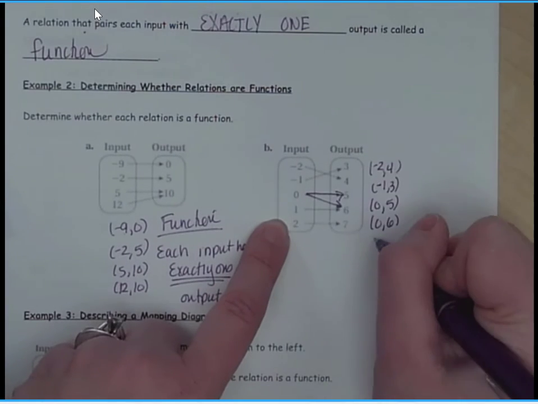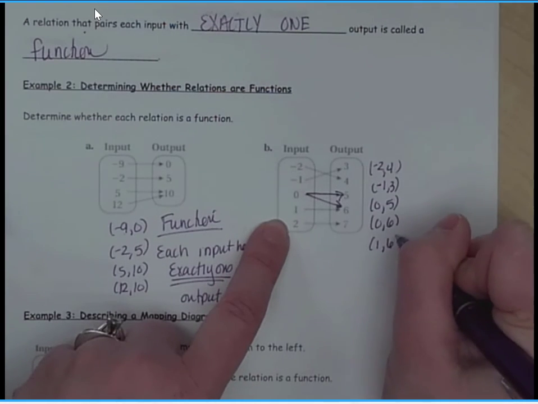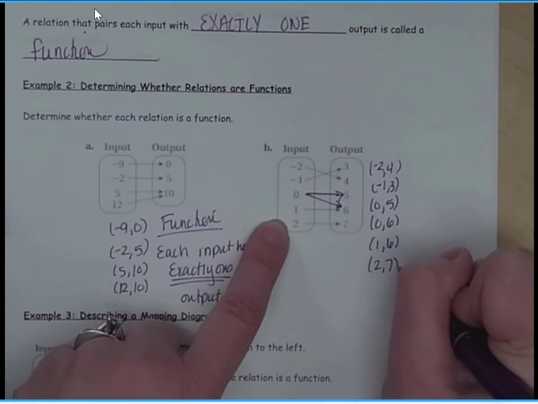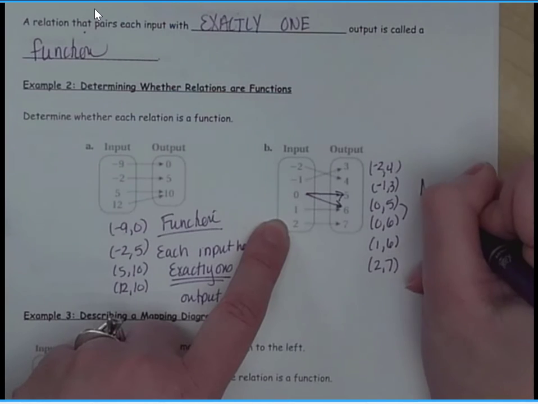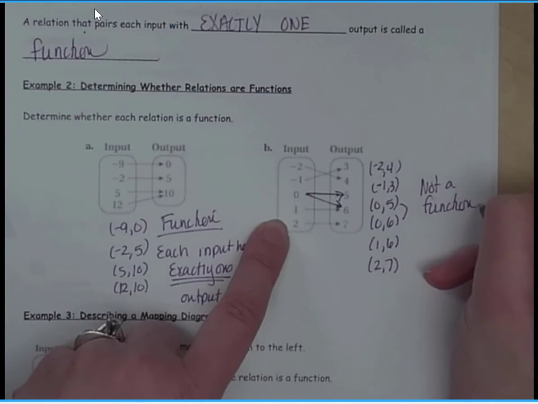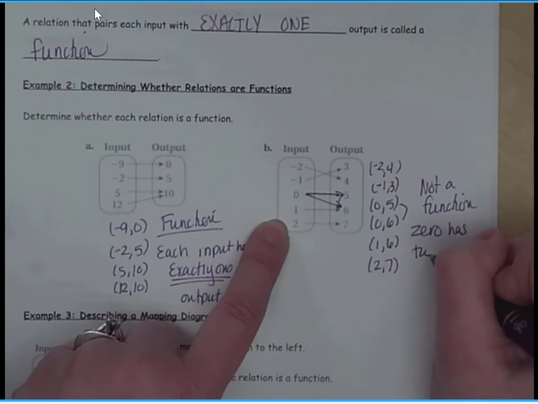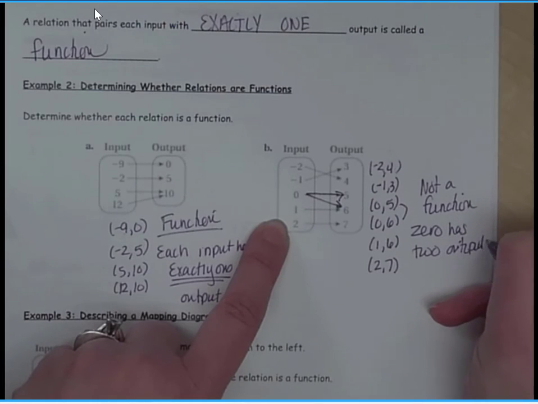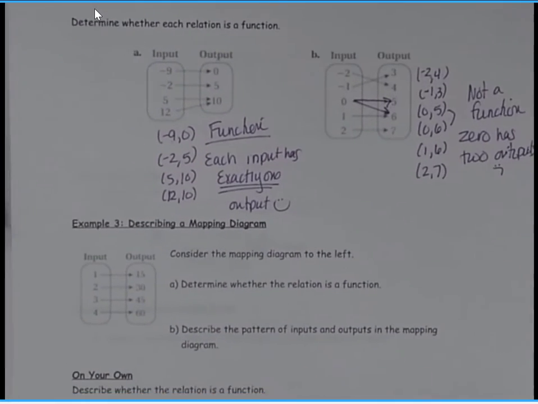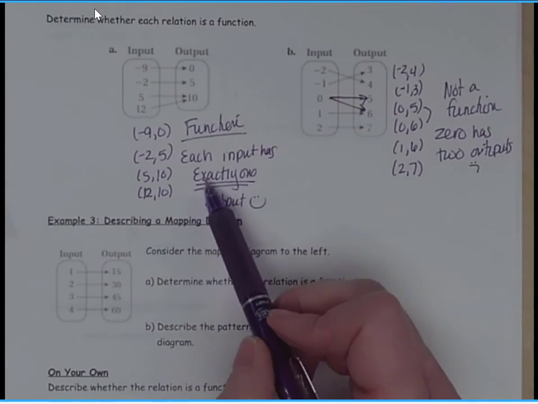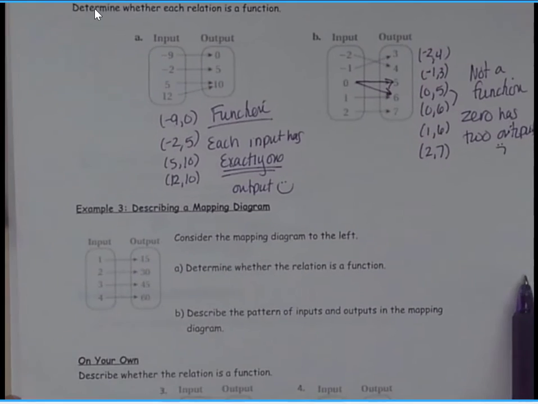It's got two different outcomes. 1, 6, 2, 7. So this right here, I know I don't have a function. Not a function. Why? Because 0 has two outputs. Sad face. Right? So each input can only have one output.